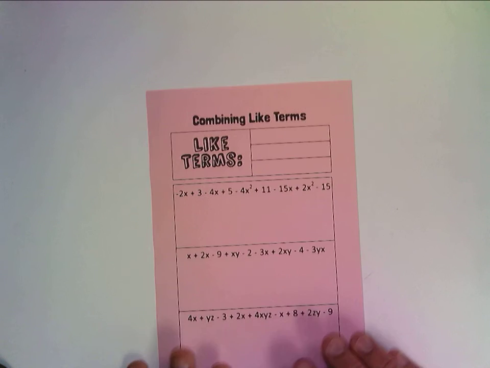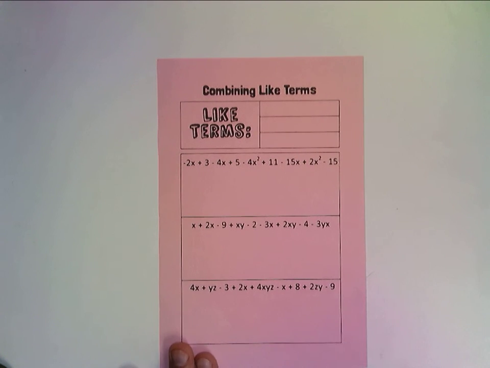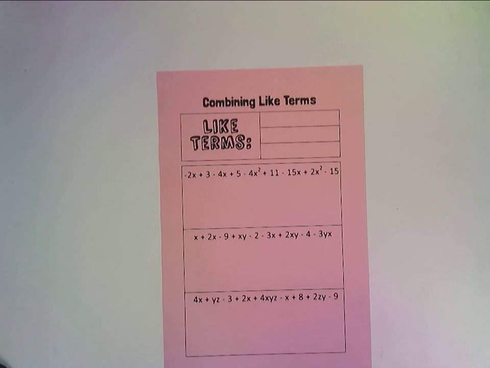So the note sheet you will be getting will be looking like this. Before we really get into problems of combining like terms, we need to define what like terms are.